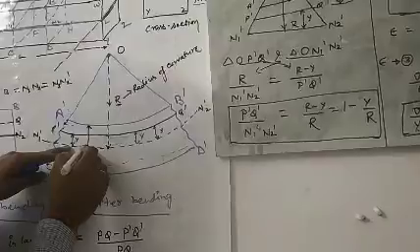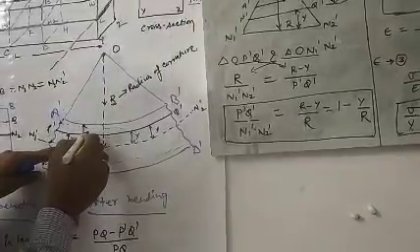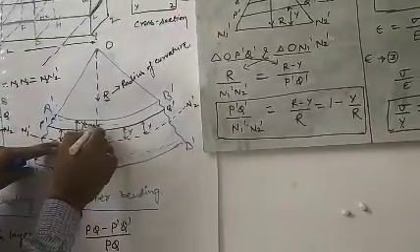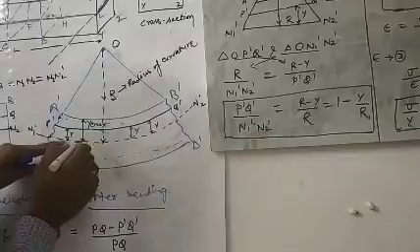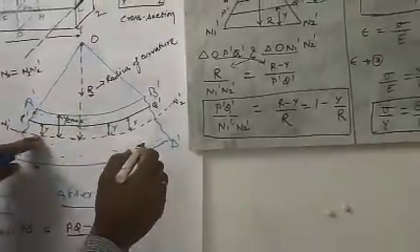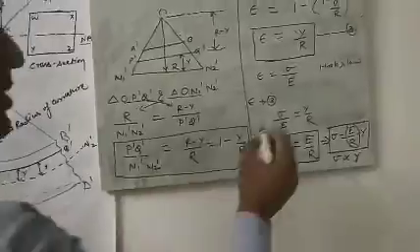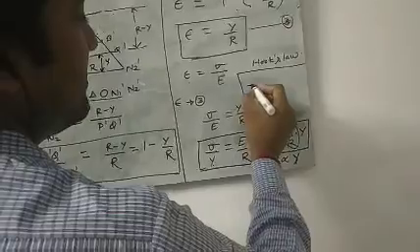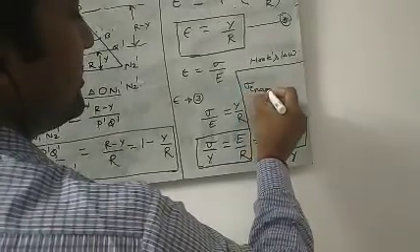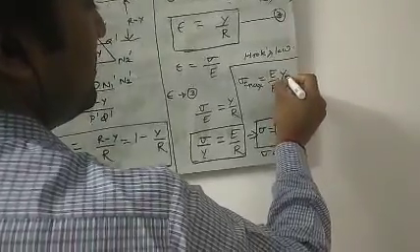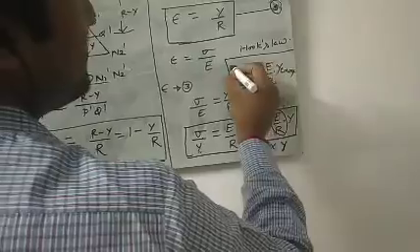If we represent this maximum value of Y on the compression side by YC max, then the maximum compressive stress will be sigma C max equal to E upon R into YC max.